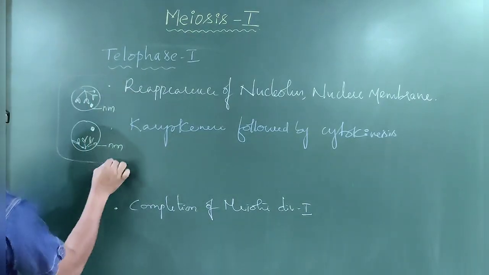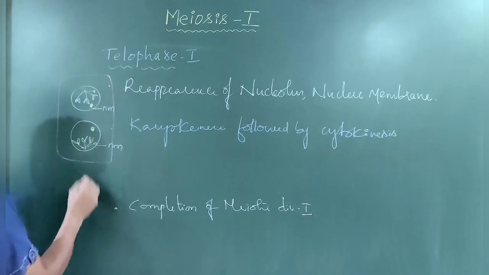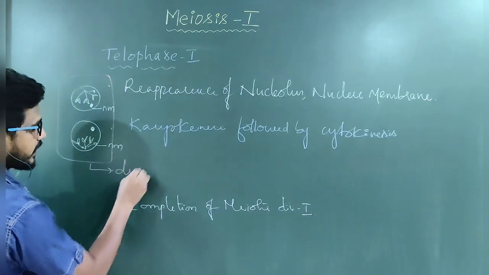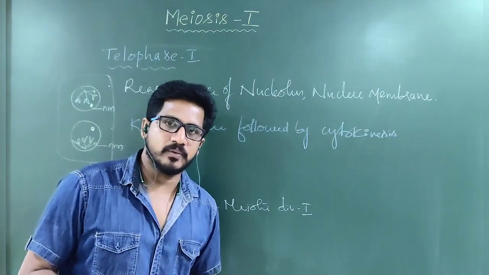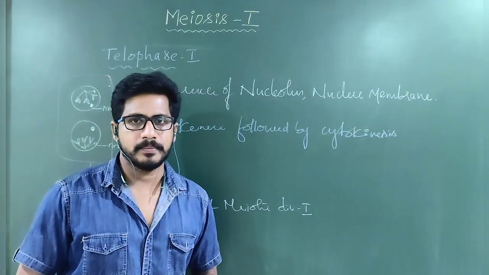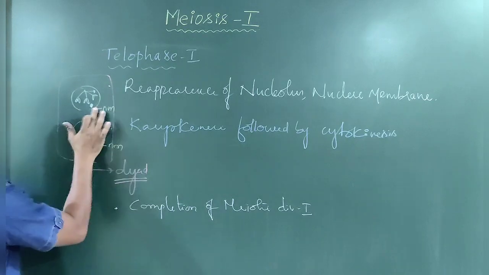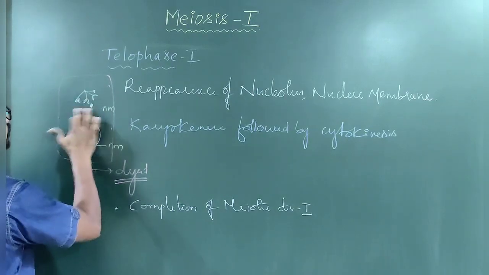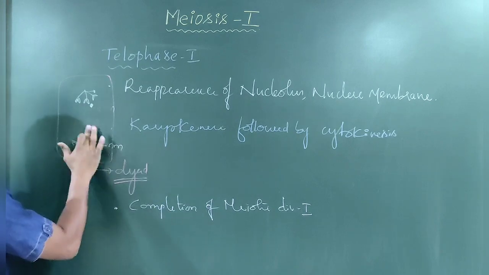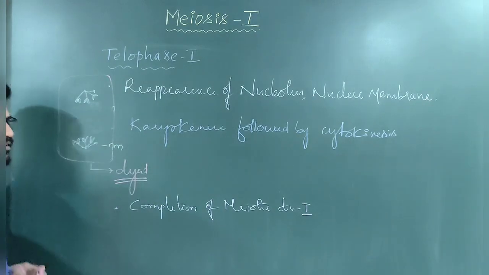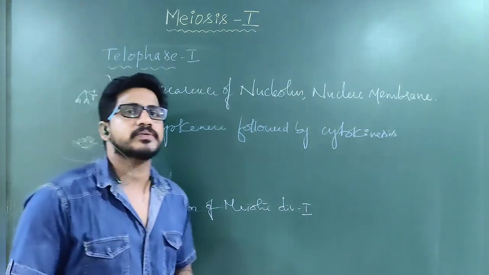Then in the cell you can see two nuclei. This stage is called dyad. Dyad is the stage in which one cell consists of two nuclei. If you imagine the nuclear membrane is not there and the nucleolus is also not there, this is the phase indicating anaphase 1.